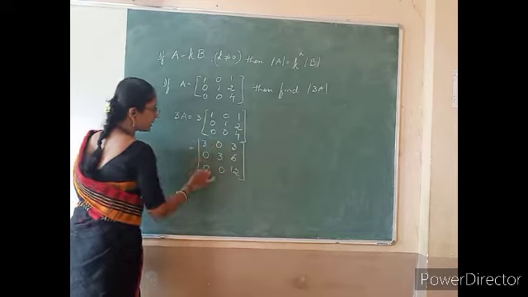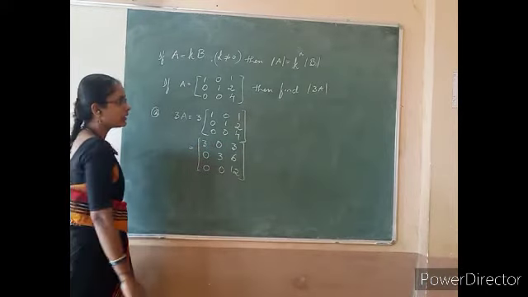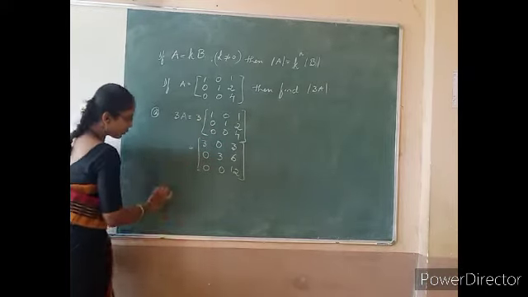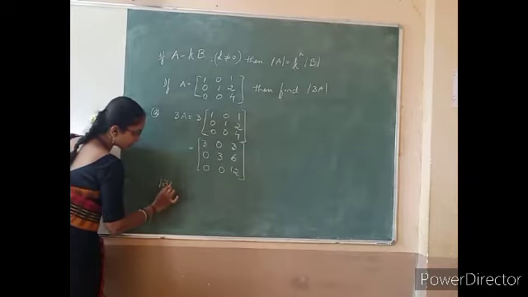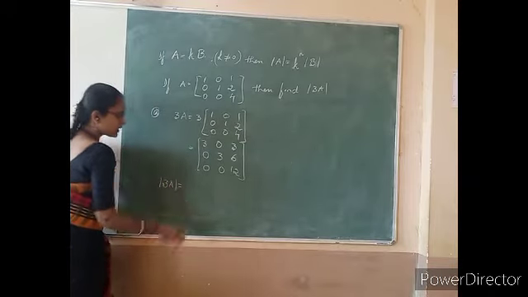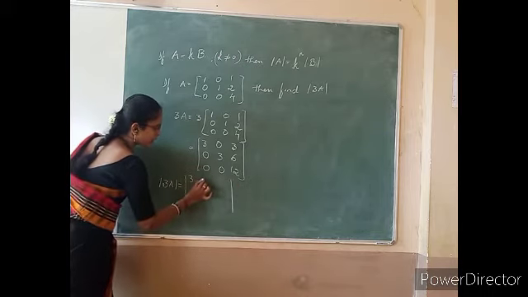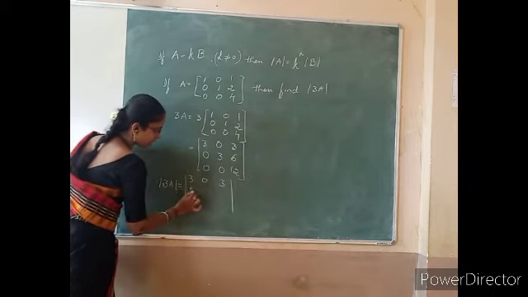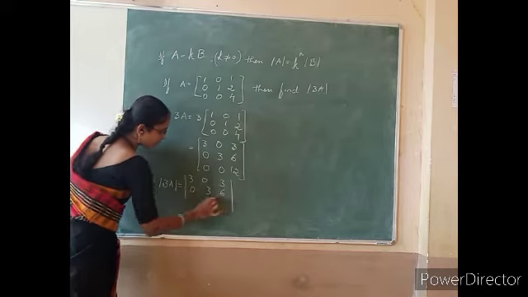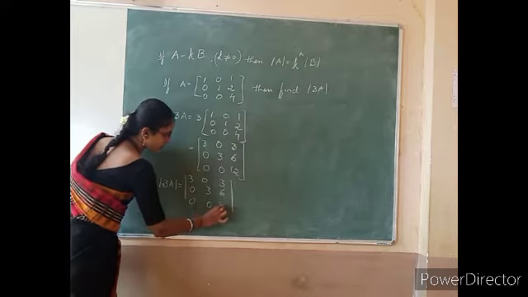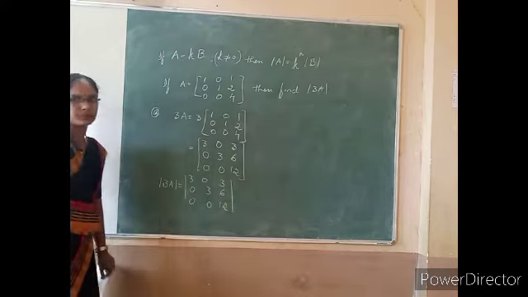So this is 3 into A. Now what we have to find? We have to find determinant of 3 into A, that is determinant of this 3 0 3, 0 3 6, 0 0 12.